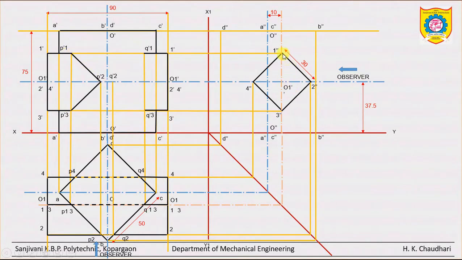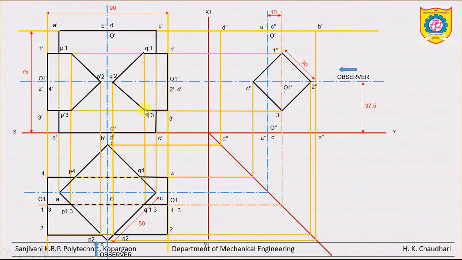So see here, P1, that means 1 to 2 from this observer, it is the front side. And from bottom 2 to 3, we have joined here. It is very simple. Similarly for the right side, this is the right side. Join all the points.